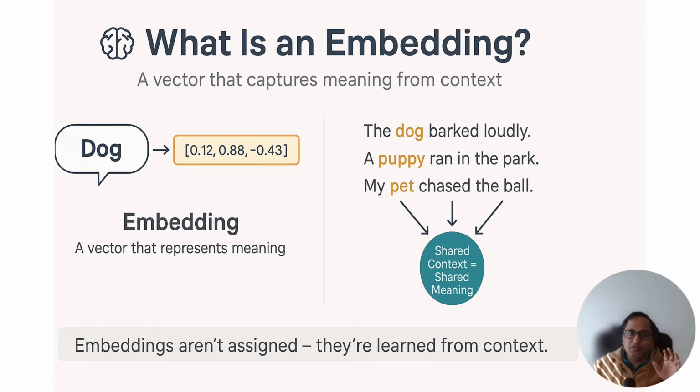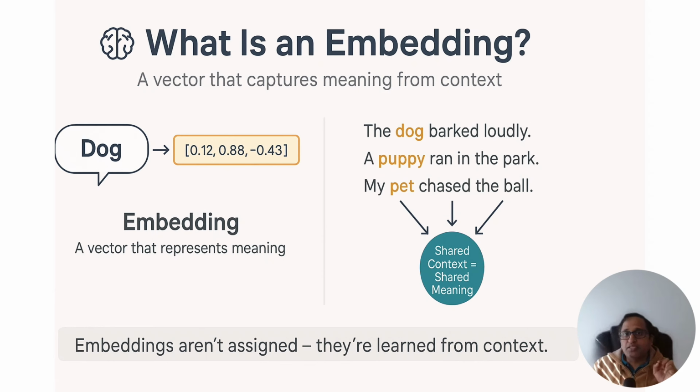For example, you train your model on billions of sentences, and you see that the word dog often appears near pet, maybe bark, maybe leash, or wherever we are talking about animals. The model learns from these patterns that dog, bark, pet, maybe puppy, are all related, even though they are different words. They are close together. That's how embedding works. They are not assigned manually, they are learned from context.